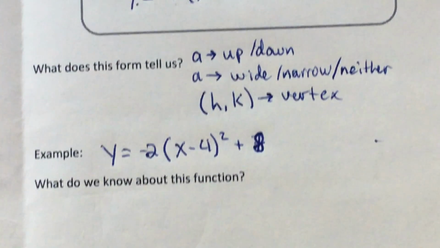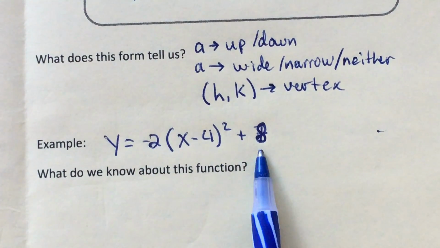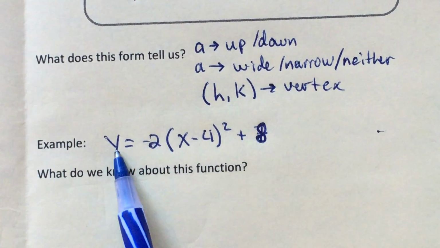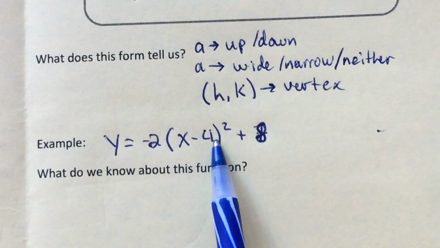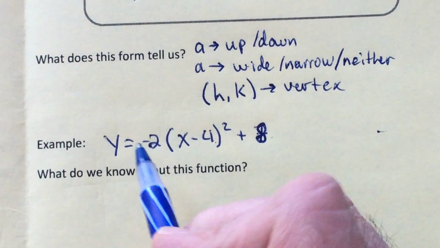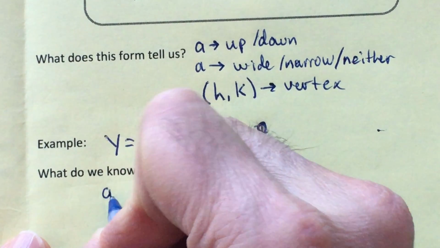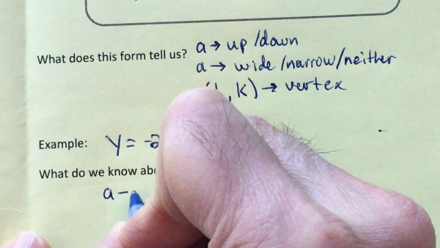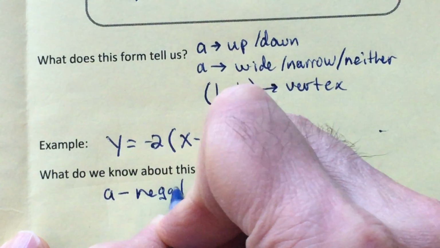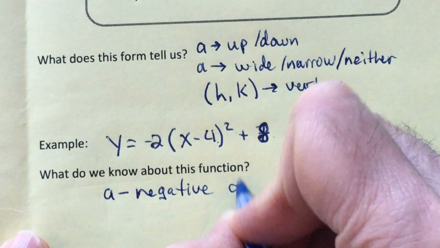For example, I wrote this one down here: y equals negative 2, parentheses, x minus 4, squared, plus 8. What do we know about this? Well, a is negative. Its face is down.